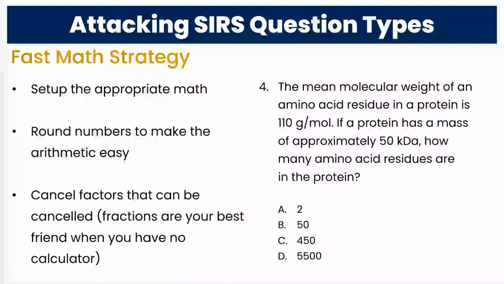Kilo. It's okay. It's kilo, 1,000. So if I've got 50 kilodaltons, then how many daltons do I have? How many grams per mole do I have?